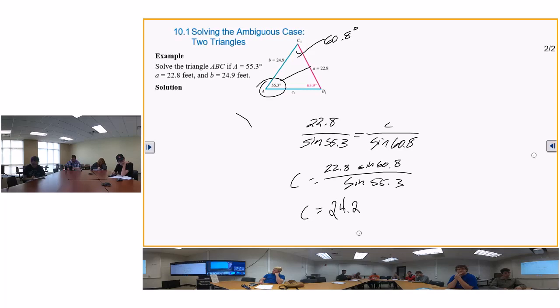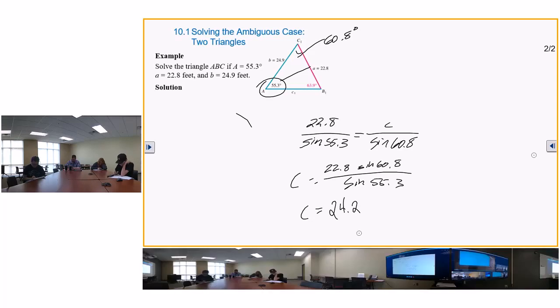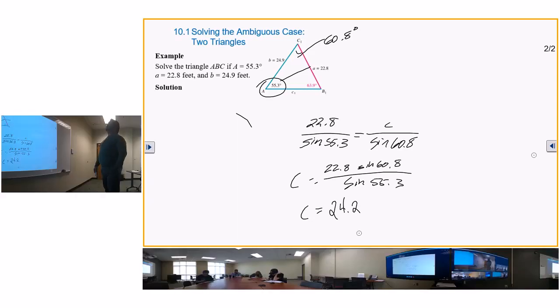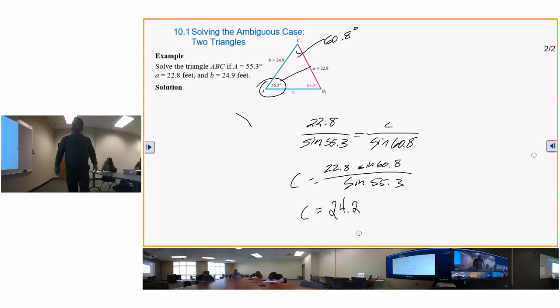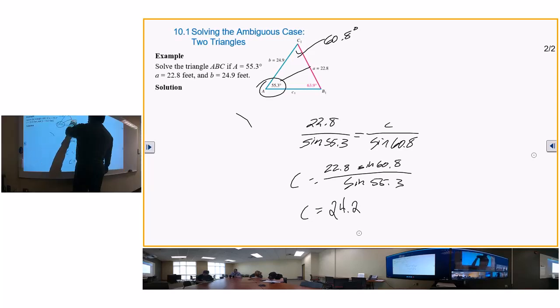Hubert, how did we get the angle for B, 63.9? It's not in the question. They did law of sines, because you have an angle here, and they gave you that angle, and you have the two sides right here.